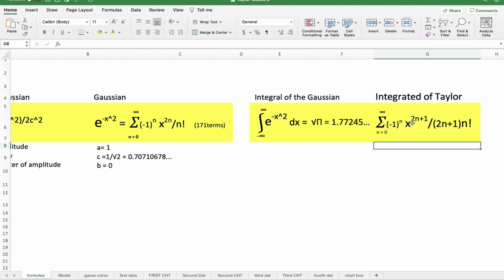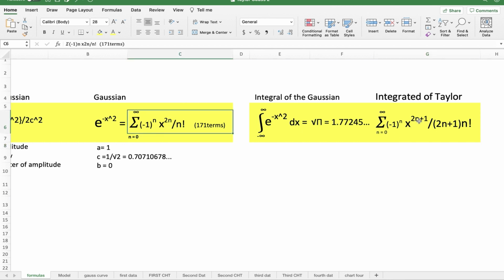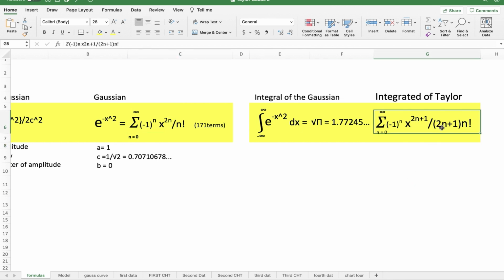So we end up with the exponent 2n being 2n plus 1, and you divide that variable by 2n plus 1.